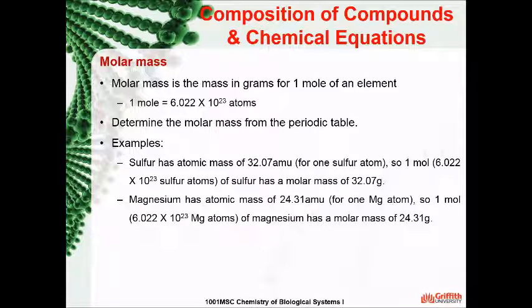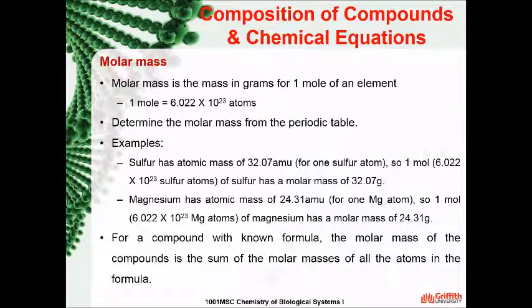Magnesium has an atomic mass of 24.31 AMU. So 1 mole of magnesium contains 6.022 times 10 to the 23 magnesium atoms and has a molar mass of 24.31 grams. For a compound with known formula, the molar mass of the compound is the sum of the molar masses of all the atoms in the formula.